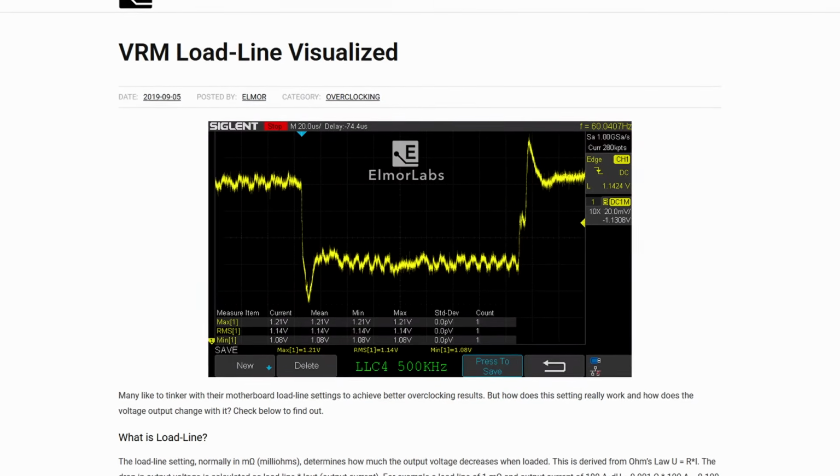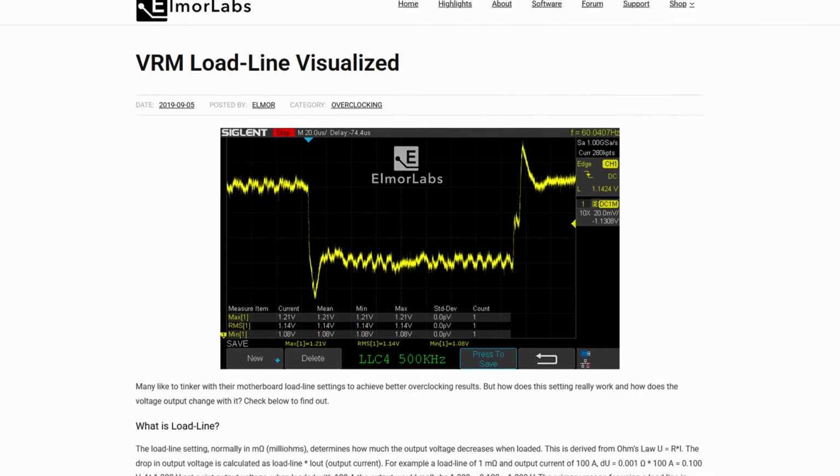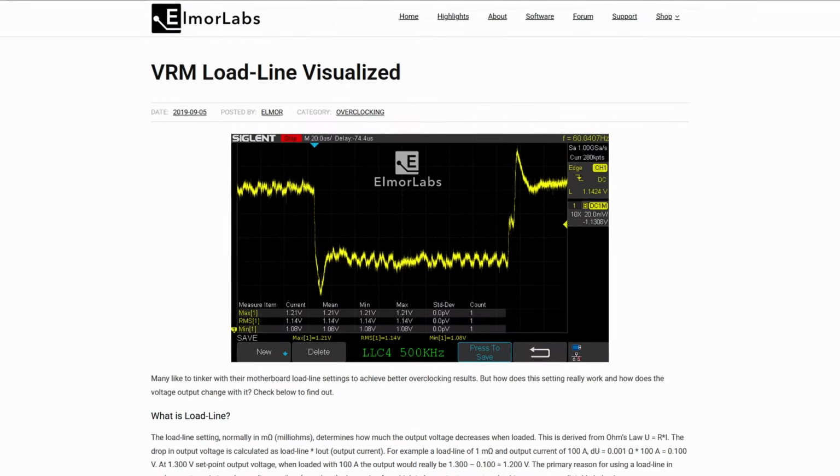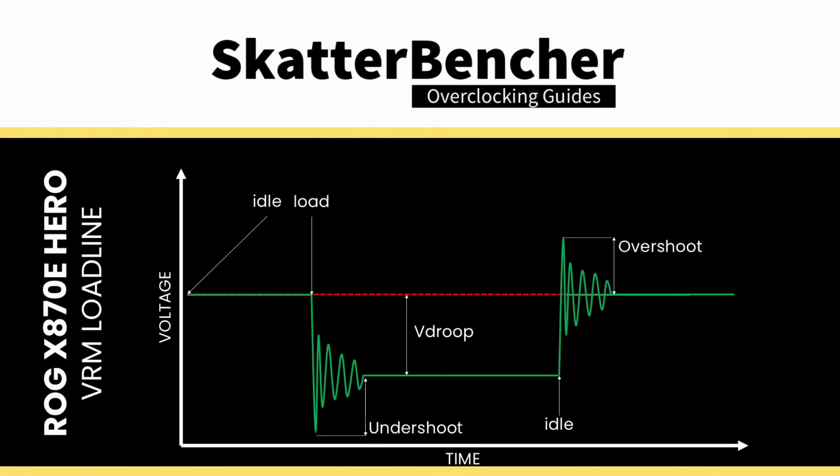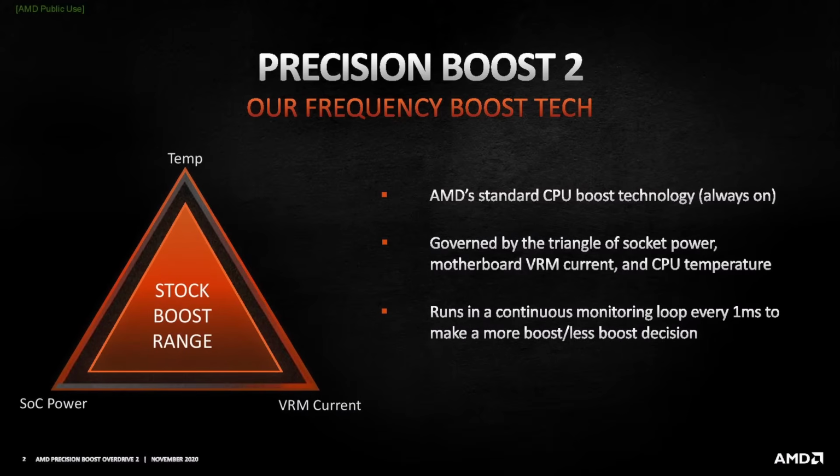I highly recommend the Elmore Labs article titled VRM Load Line Visualized to see a great picture of undershoot and overshoot in action. While undershoot and overshoot are temporary spikes, an undershoot that's too low can cause instability. The VRM load line setting is relevant to this overclocking strategy because we're switching from Precision Boost to OC mode.